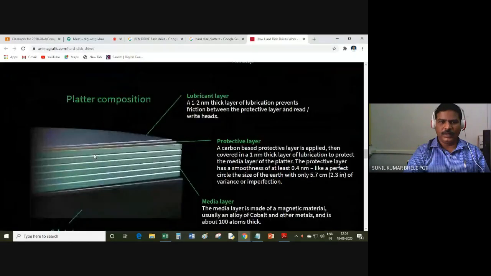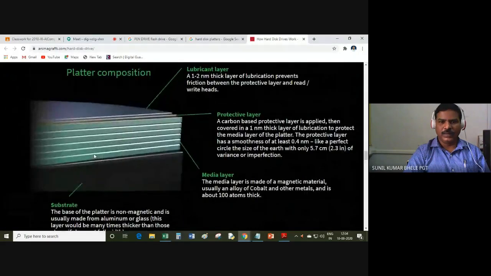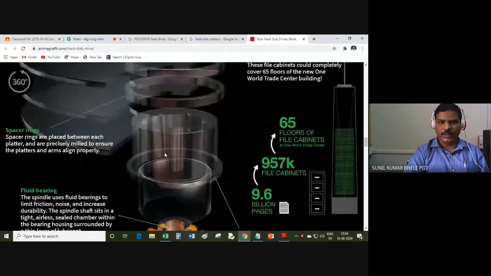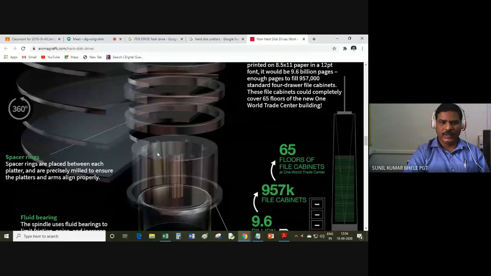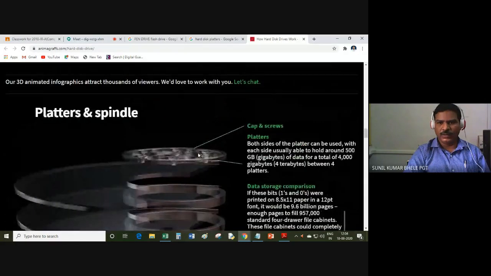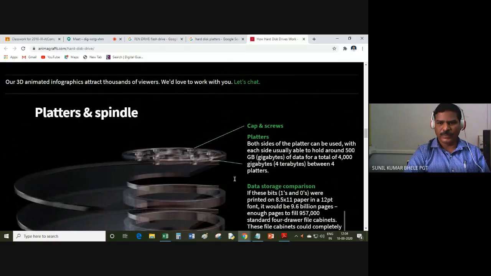So you can see the complete structure, the complete hardware of the hard disk, how it revolves. Rings are placed between each platter and precisely milled to ensure the platters and arms align properly. These are the screws and caps, on both sides of the platter.